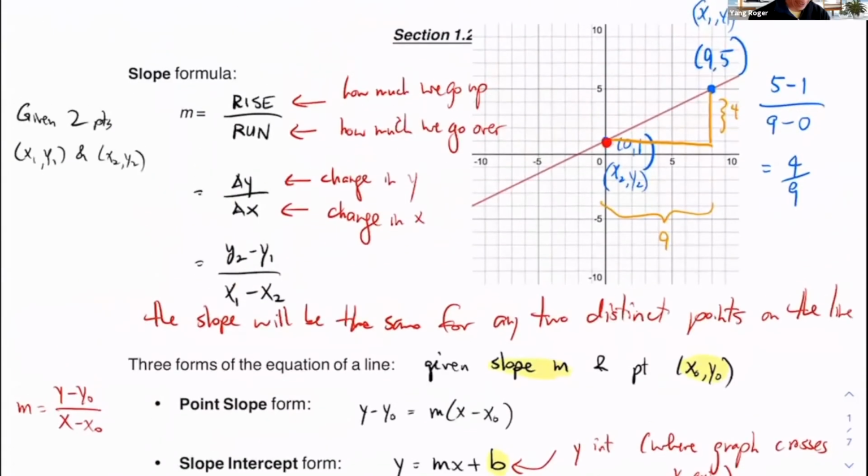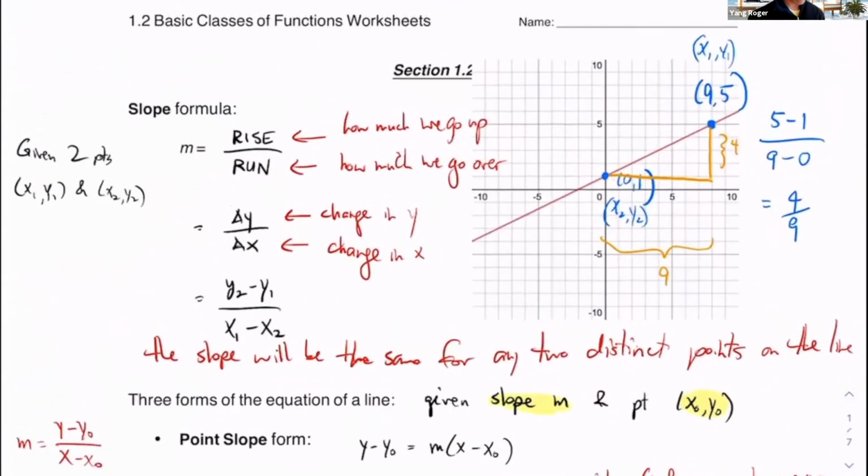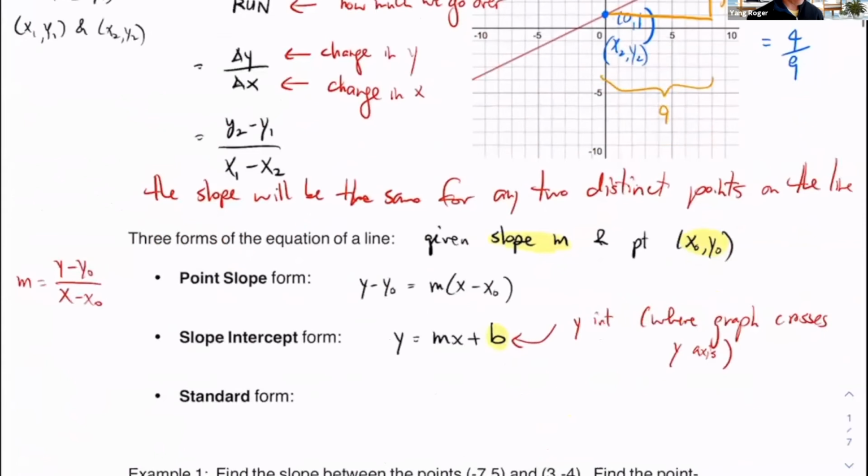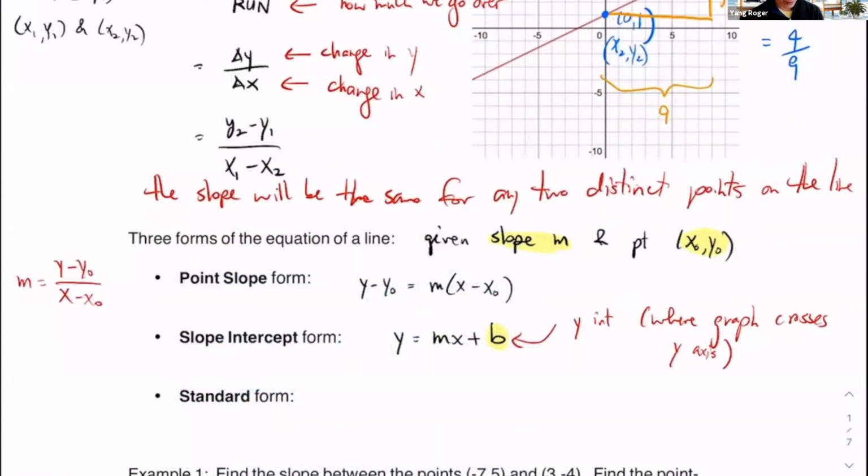Because you can just see it on the graph here, right? Yeah, good, for sure. So the equation of this line is y equal to 4/9x plus 1. Okay, so that's the equation of the line.